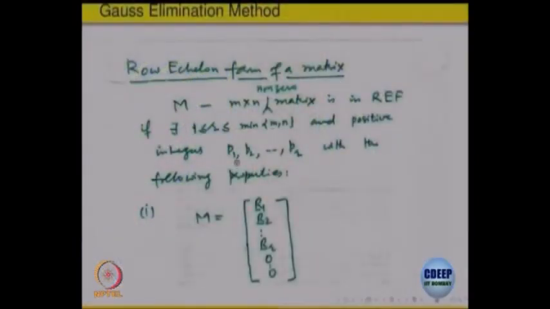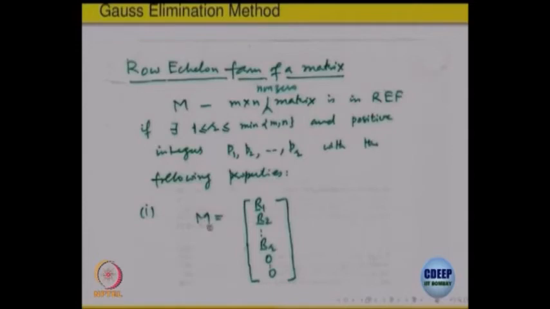And there are natural numbers p1, p2, up to pr with the following properties, right. So, we are going to describe the matrix in terms of this r and p1, p2, up to pr.